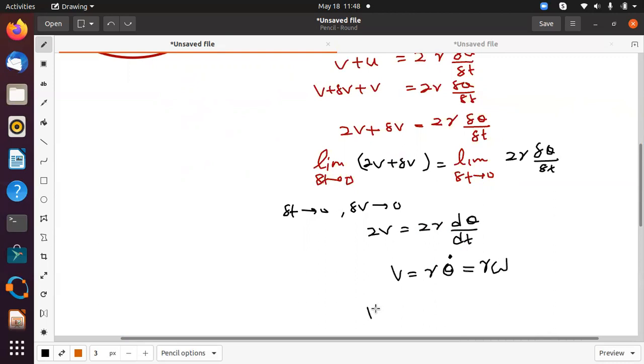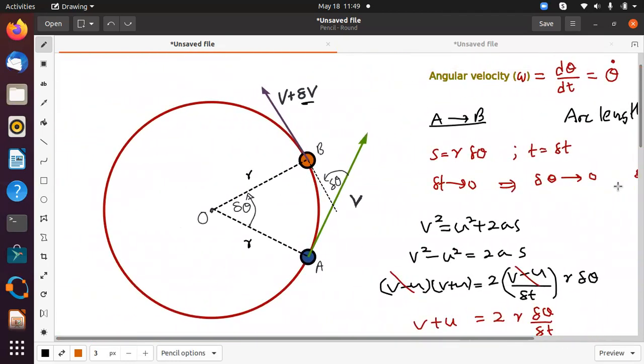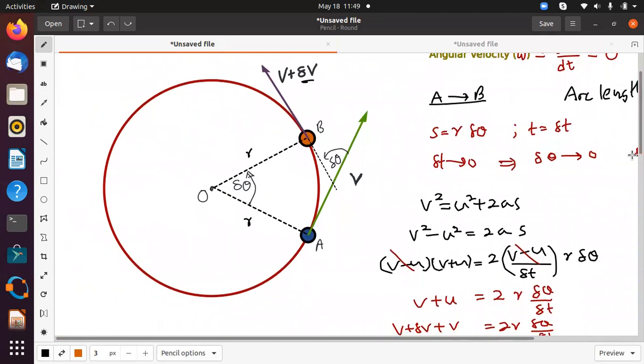So this is the equation we deal with, v equals r omega, a simple equation. V is the linear velocity and omega is the angular velocity. These two are related by this constant, which is equal to the radius. Okay. In the next video, we'll look at the acceleration. Thank you for listening.